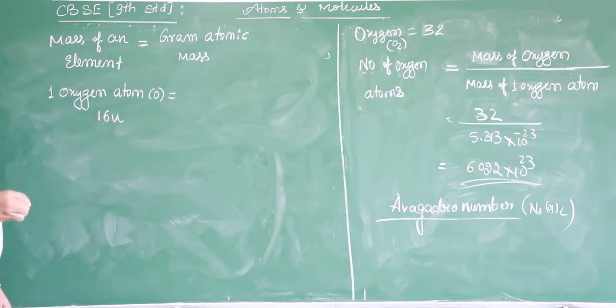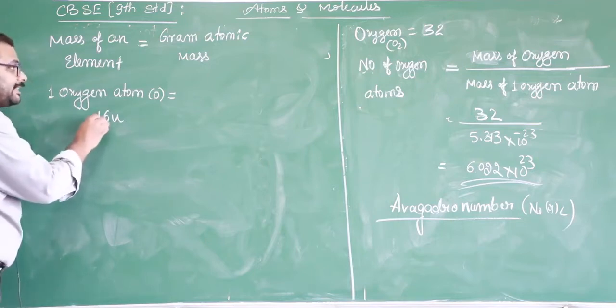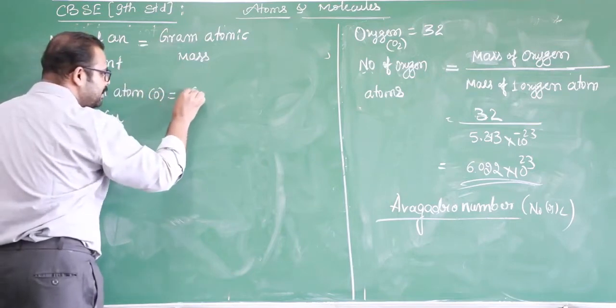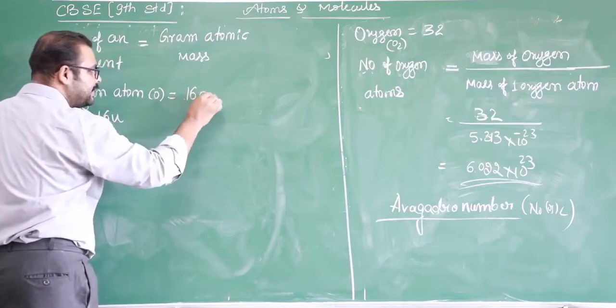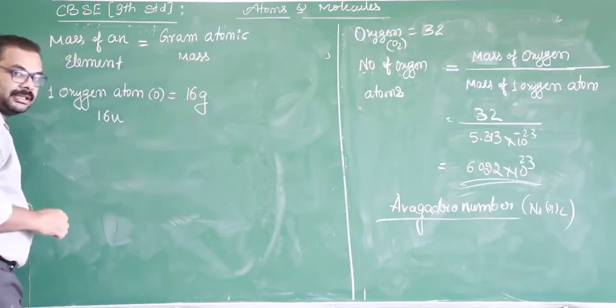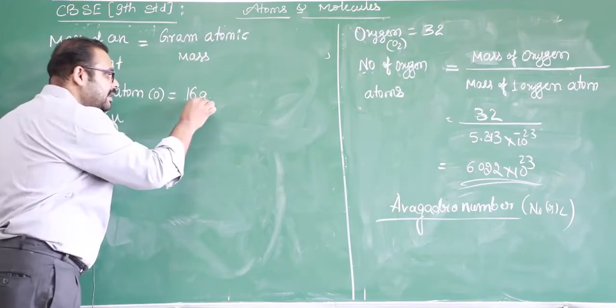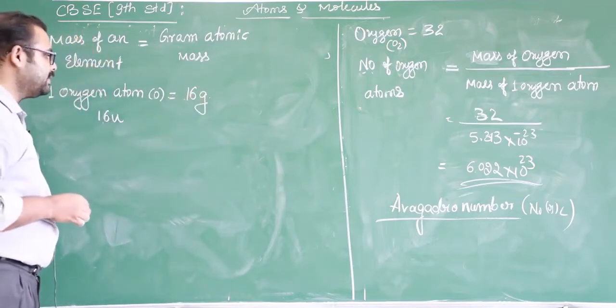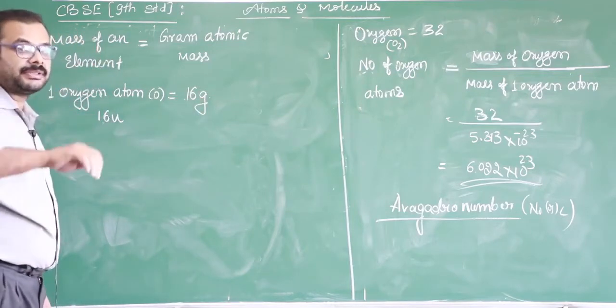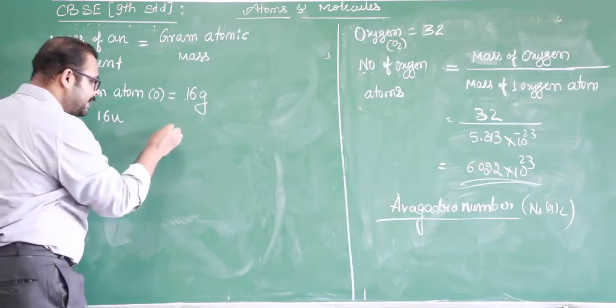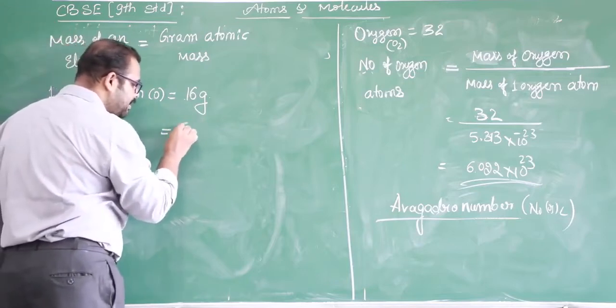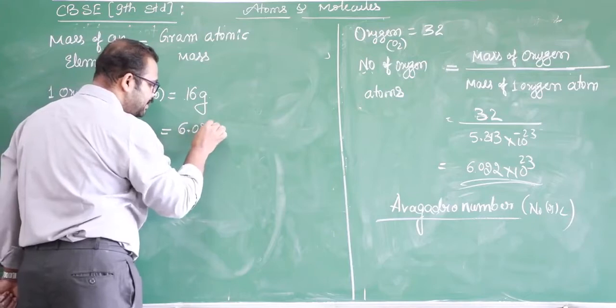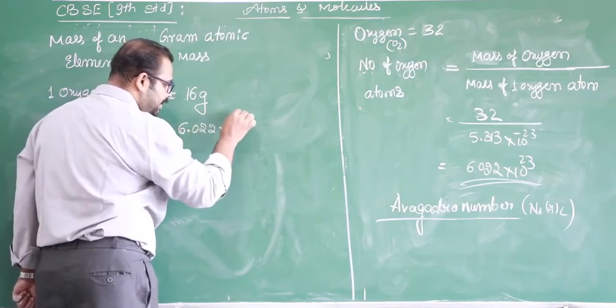While calculating in moles, it should be expressed in terms of grams, that is 16 gram, the gram atomic mass. So in this 16 gram of oxygen, how many oxygen atoms are there, that we have to calculate. In that 16 gram, we have the constant value of 6.022 into 10 to the power of 23.